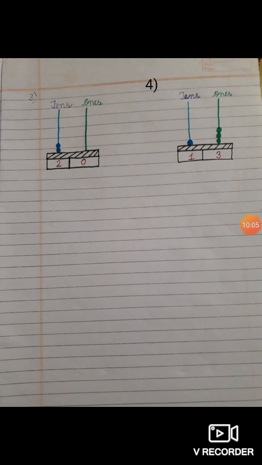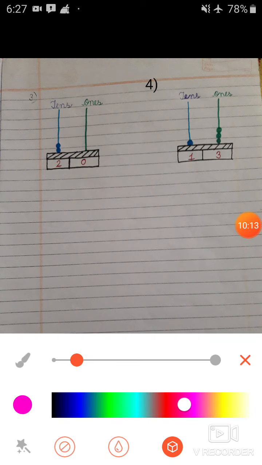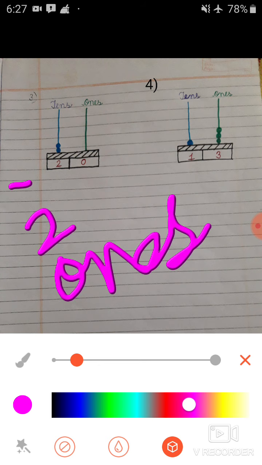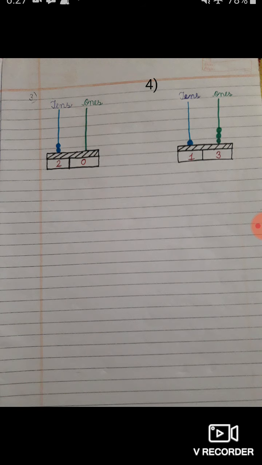Now in the third, at the tens place there are two beads. It means there are two tens. And at the ones place there is nothing.